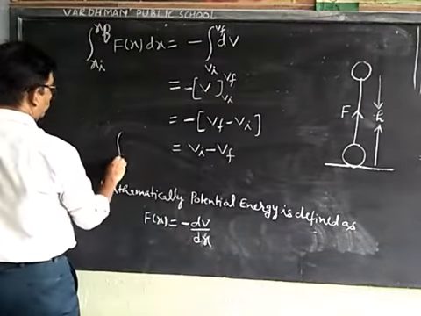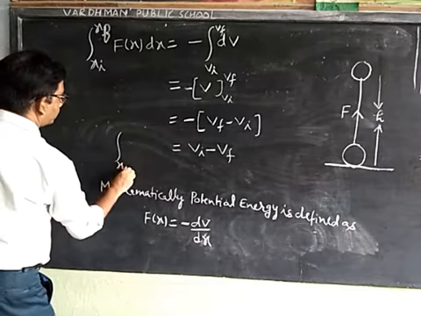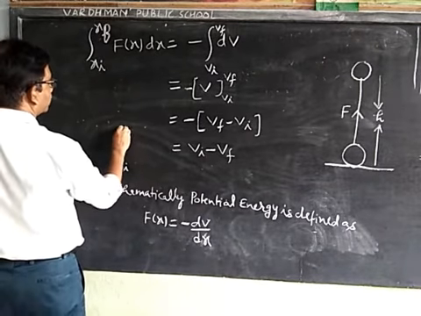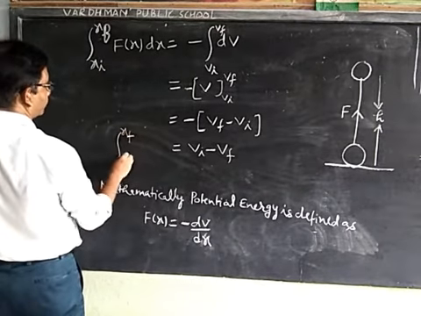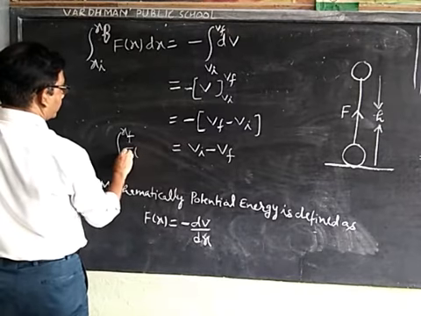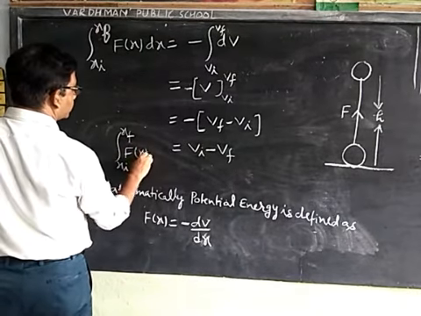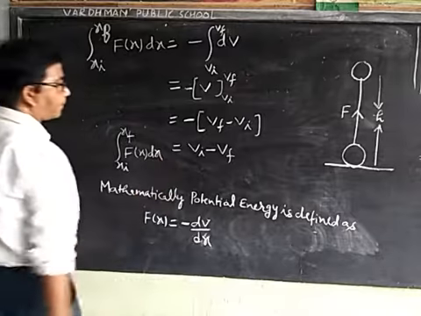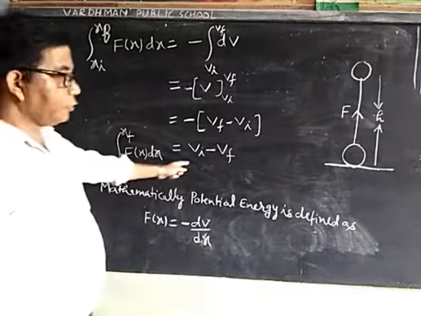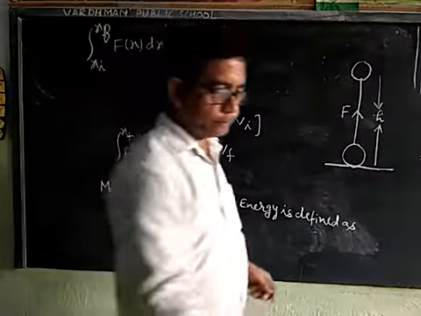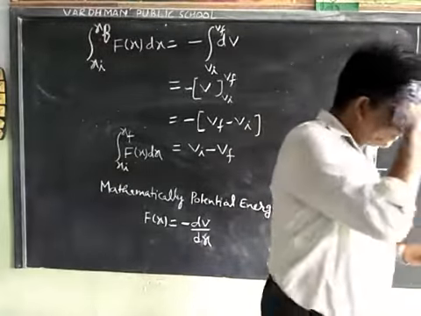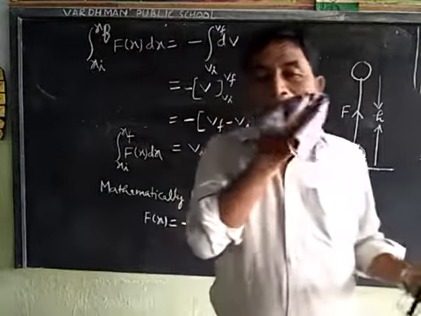So the integral from xi to xf of Fx dx is equal to Vi minus Vf.